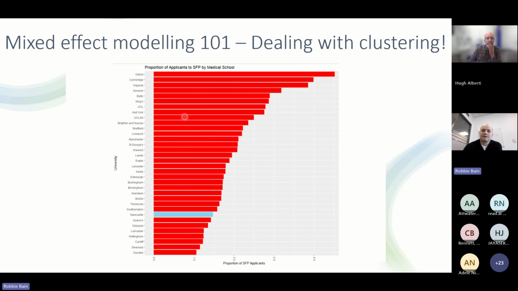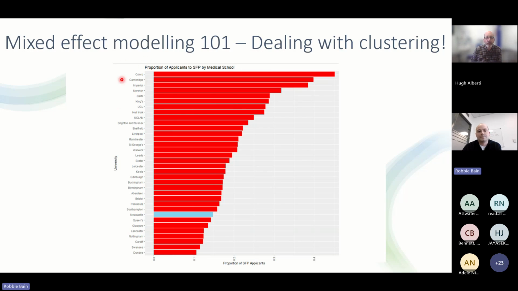So the first thing to talk about around mixed effects modeling is that, for the question we were asking, who enters clinical academic opportunities and who applies for them, we know that different universities and medical schools have different proportions of people who enter the SFP.